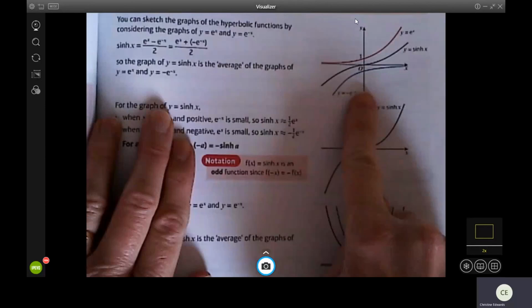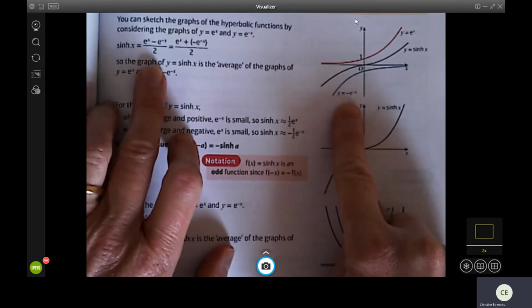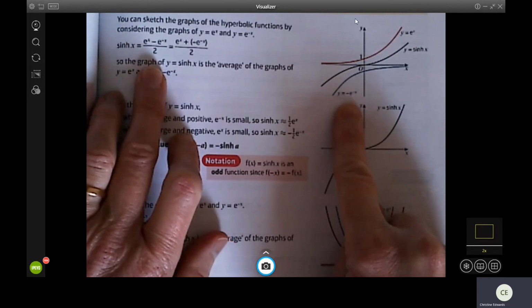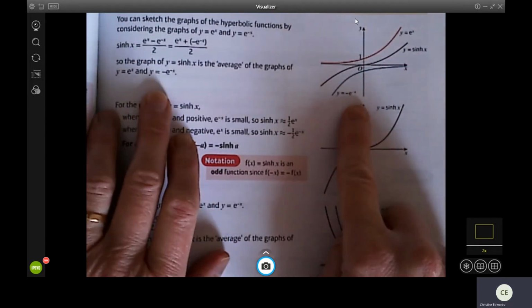So here we have the red curve, which is e to the x, and the blue curve, which is minus e to the x. For the definition of a hyperbolic sine, we are combining those two curves. If we combine those two curves, we obtain the black curve, which is the graph of hyperbolic sine.